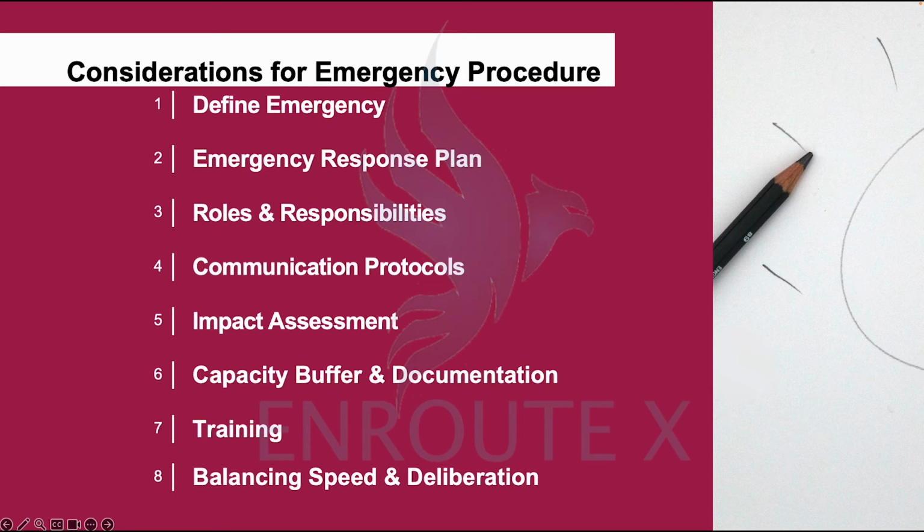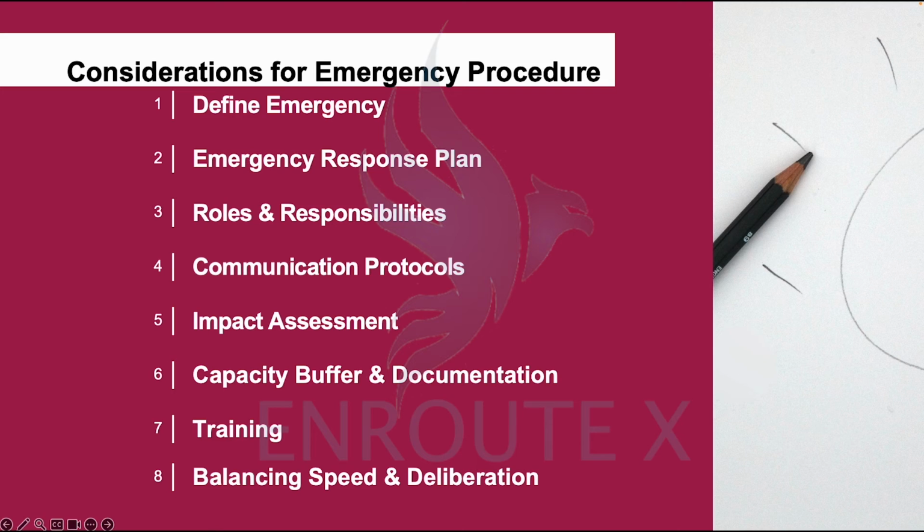Then afterwards, you need to find out what the impact is by doing your impact assessment. You could do your root cause analysis to find out further. Then from there, you need to have consideration for capacity on your buffer and documentation. Everything you find out should be documented.